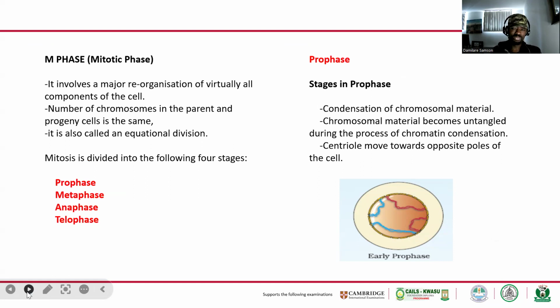At interphase, once there is synthesis of all these and everything is ready, the M phase, which is the mitotic phase, we now begin to do a proper reorganization so that everything will align the way it wants to align to form a new offspring.